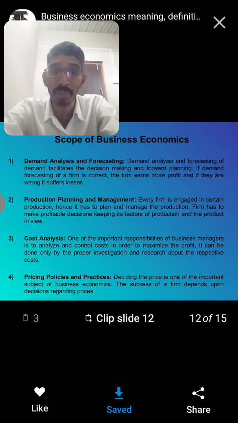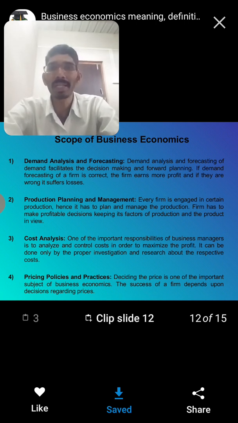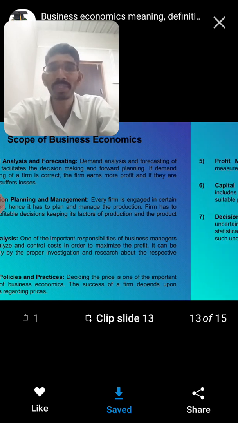The success of the firm depends upon the price of the commodities. In the establishment of a new company and a new product, if we fix high prices, there is no demand. We always have to be very cautious in fixing the prices. That is also important for business economics and business managers. This is part of the scope of business economics.